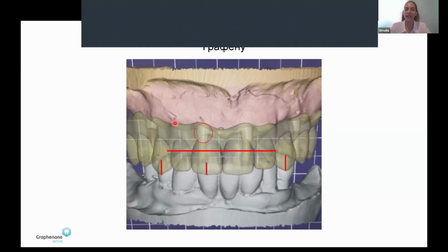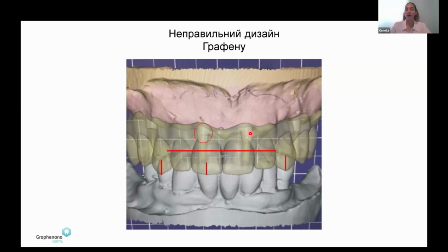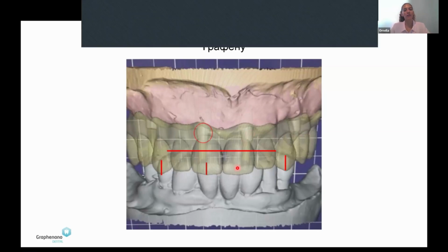So what happened here? Because he only bites in the front, the posterior T-bases debonded all the time. So the main problem here was the debonding of the G-CAM, of the graphene prosthetic, but really this happened because he only bites in the front. So in the back, it debonded all the time.